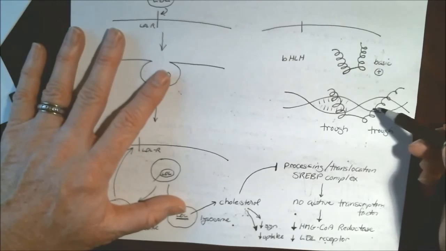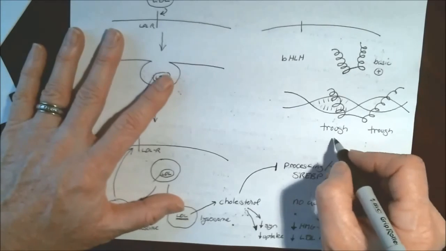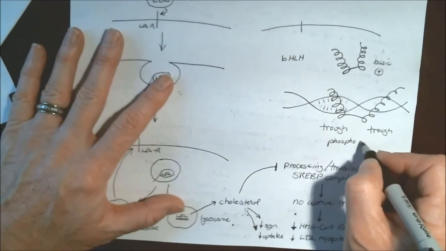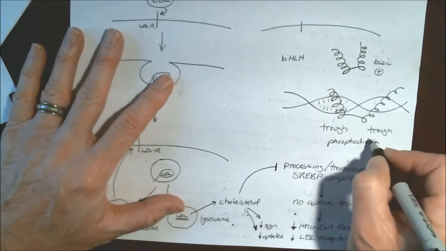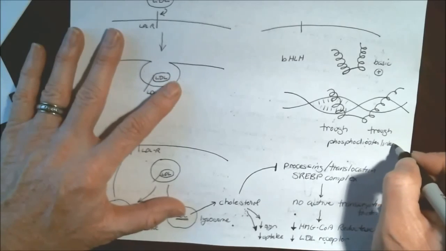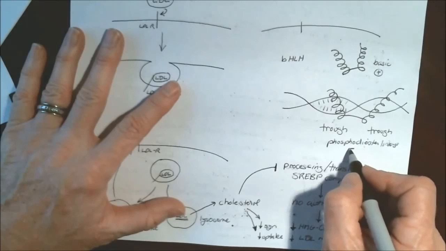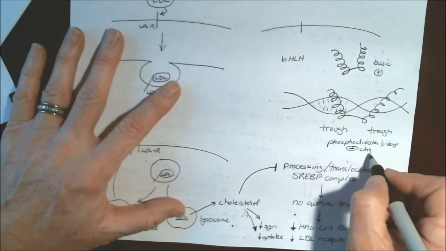Being a basic charge, remember the backbone of DNA is a phosphodiester linkage, and being a phosphate group, this is negatively charged.